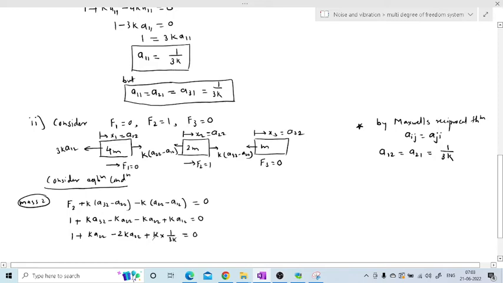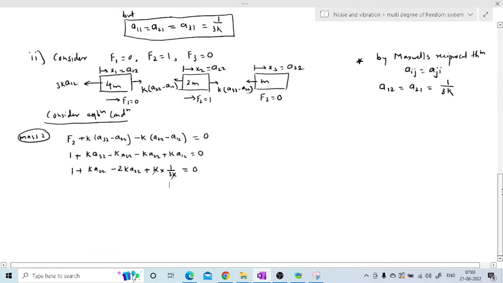So this k will be cancelled with this k, so the equation will become 1 plus K A32 minus 2K A22 plus 1 by 3 will be equal to 0. Now combine 1 and 1 by 3, make the denominator same, so it will become 4 by 3.